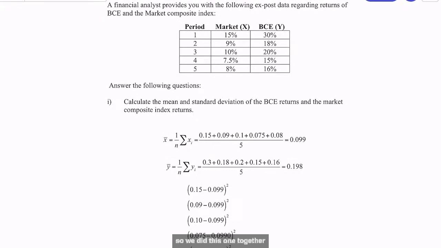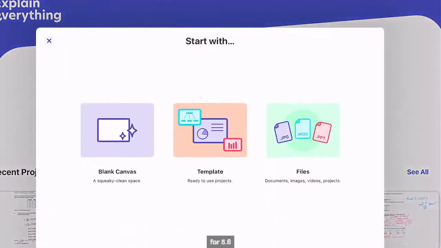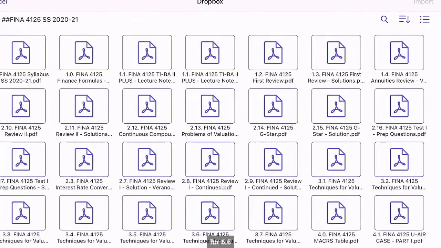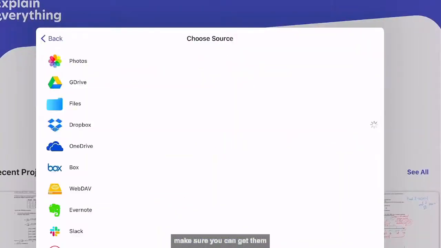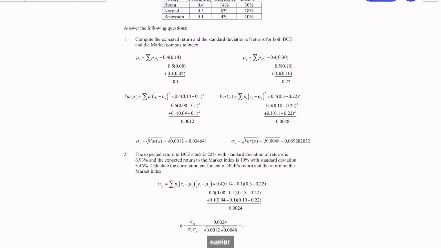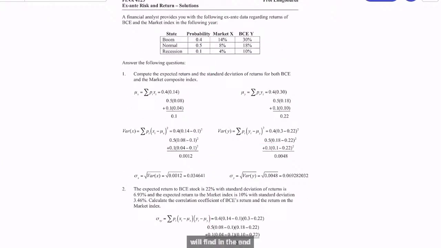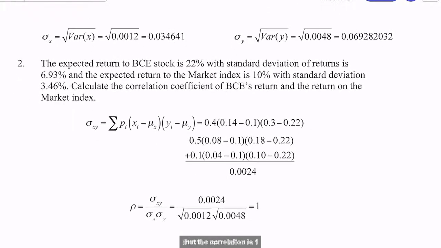We did this one together for 5.6. You can work on this on your own, and you will find I have all the answers there, so just make sure you can get them. Like I said, work with Excel if that's easier, just to check your answers, but you will find in the end that the correlation is 1 and the slope is still 2.